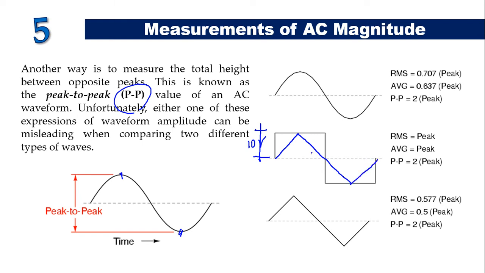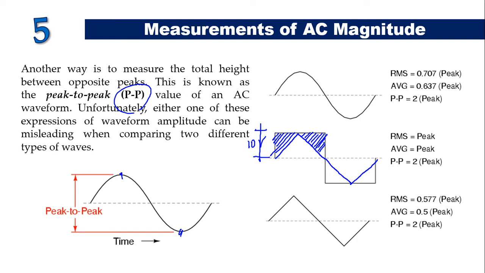Bakit? Kasi kitang-kita naman sa figure that nasa 10 volts yung square wave sa unahan pa lang. So, ganito karami yung lamang niya kumpara sa isang triangle wave. Kaya medyo minsan misleading yung peak to peak tsaka yung peak.